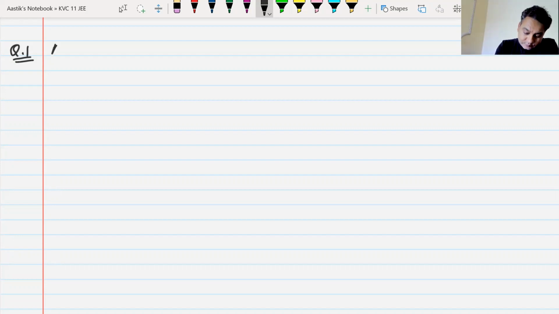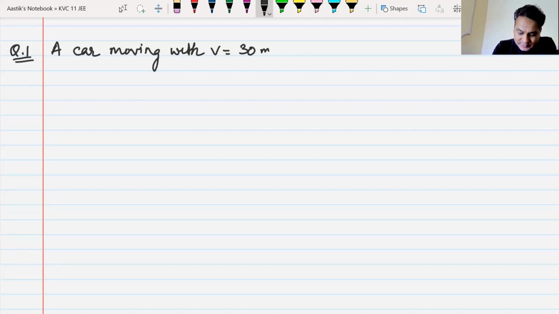Okay. A car moving with velocity 30 meter per second and acceleration 5 meter per second square.